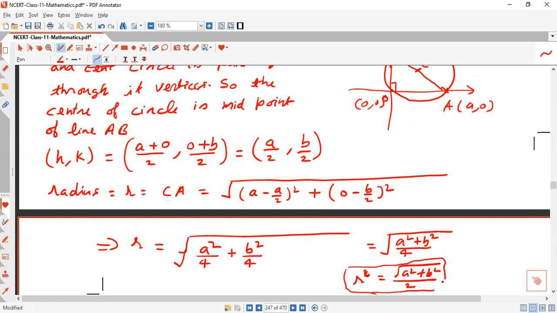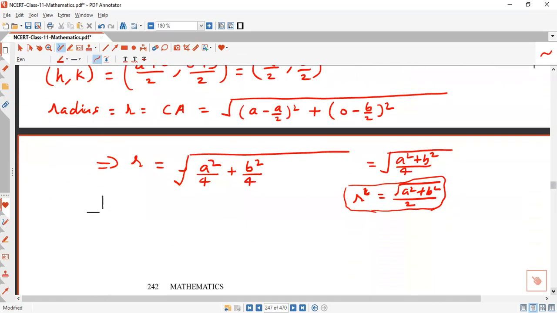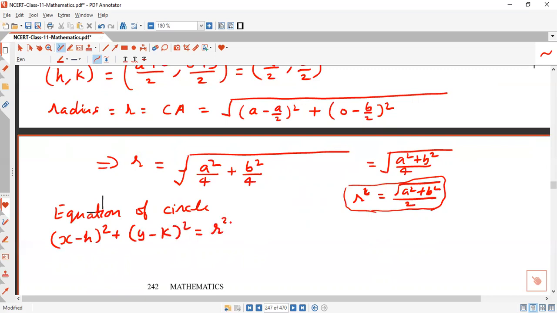So now we know the center and we know the radius, so we can write the equation of the circle. The equation of the circle: (x minus h) whole square plus (y minus k) whole square equals r square.